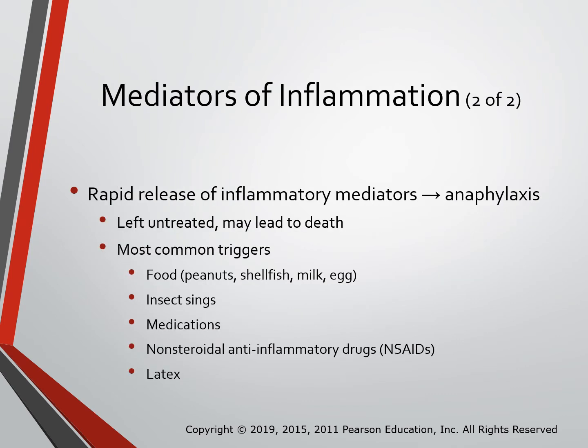The four types of histamine receptors are H1, H2, H3, and H4. Of these, H1 and H4 receptors are involved in the inflammatory process.